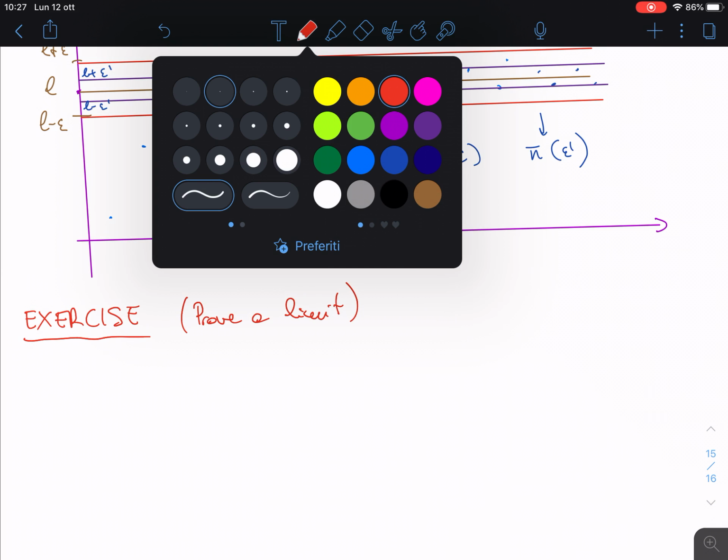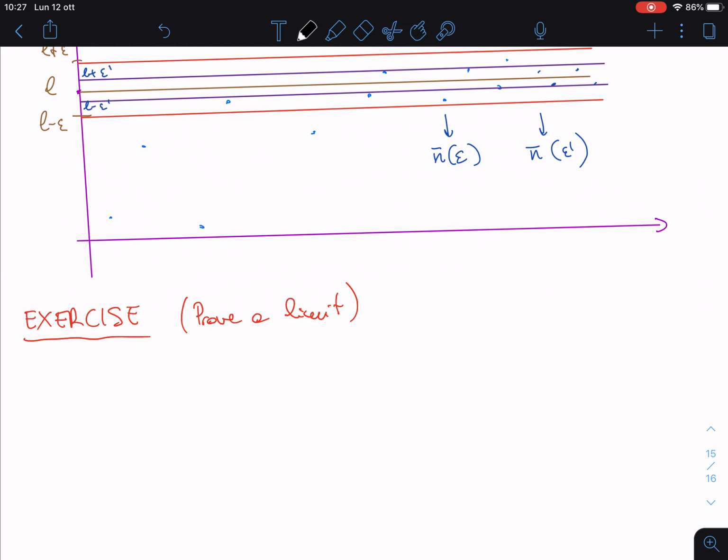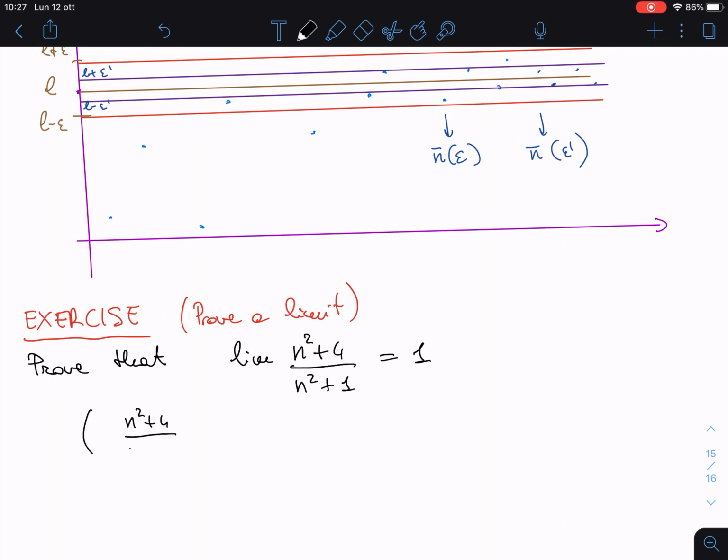So the text of the exercise is: prove that the limit of (n squared plus 4) divided by (n squared plus 1) is equal to 1. Another notation that I will use extensively, because it is very fast, simpler and more intuitive, is the following: (n squared plus 4)/(n squared plus 1) tends to 1, with a sort of long arrow.